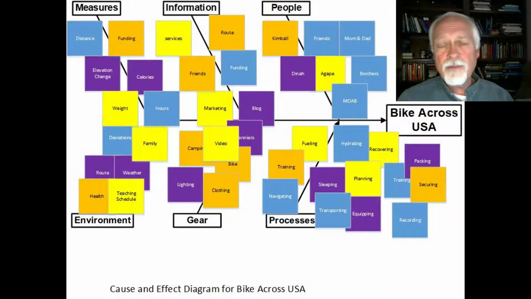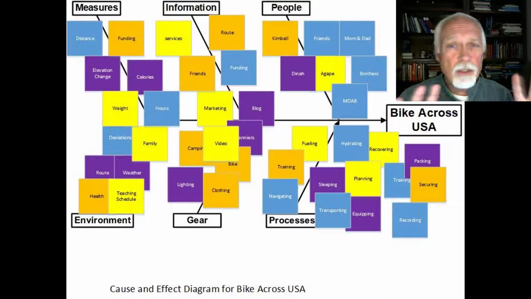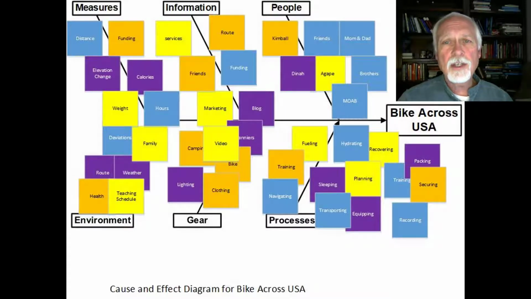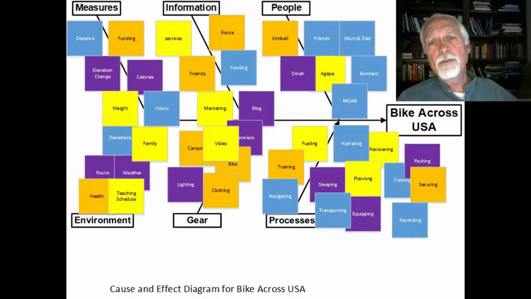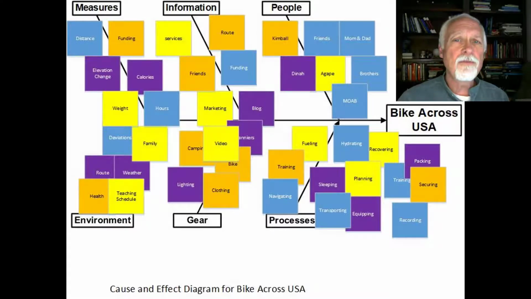One of my favorite tools to start off with and define a project is a cause and effect diagram. I usually start with the 6 M's: manpower, methods, materials, machines, measures, and Mother Nature. I changed manpower to people and methods to processes.